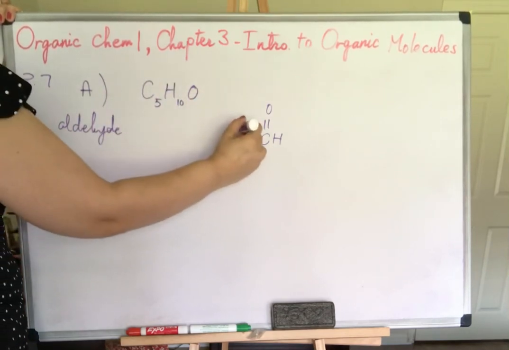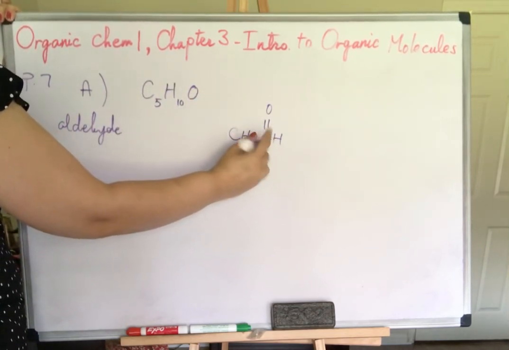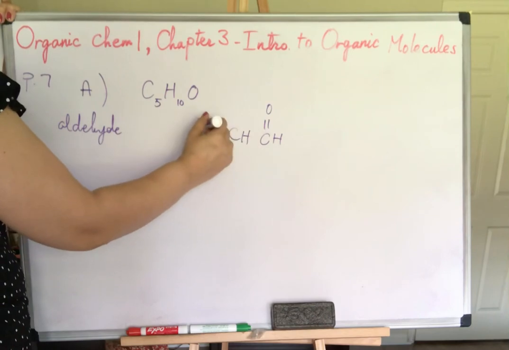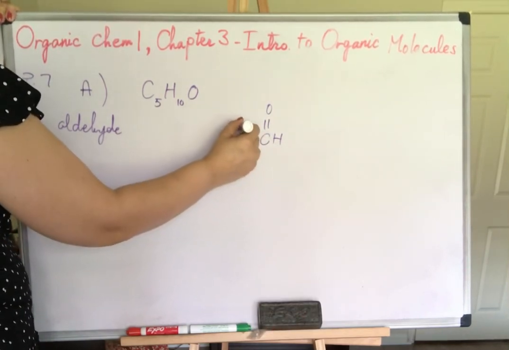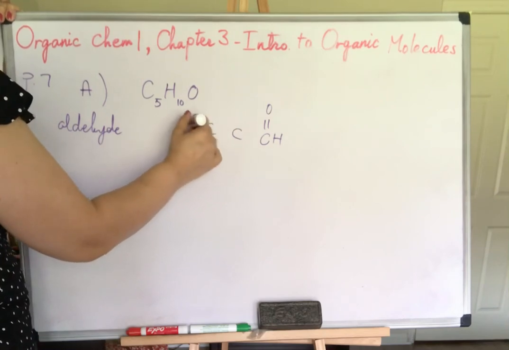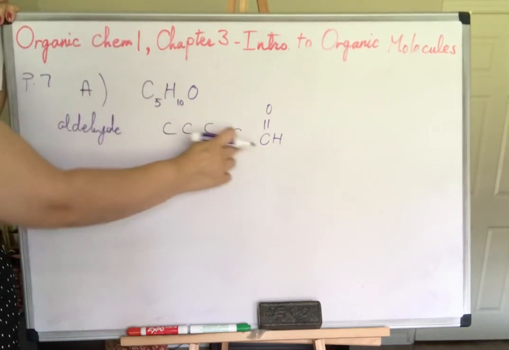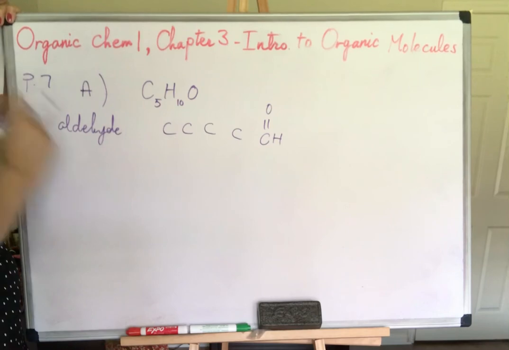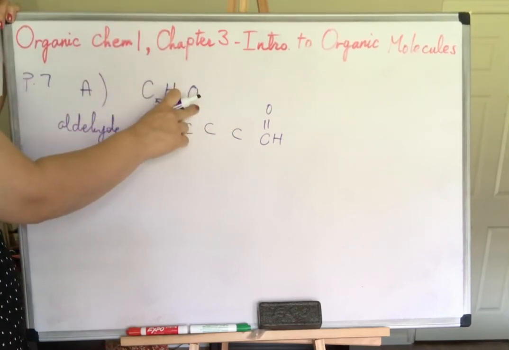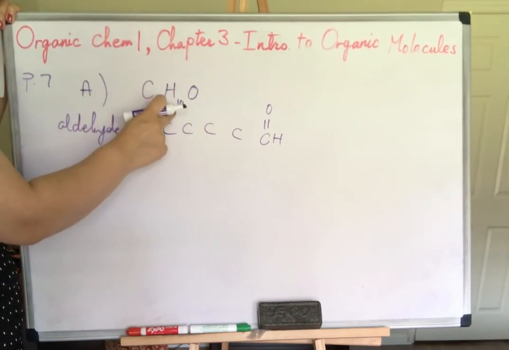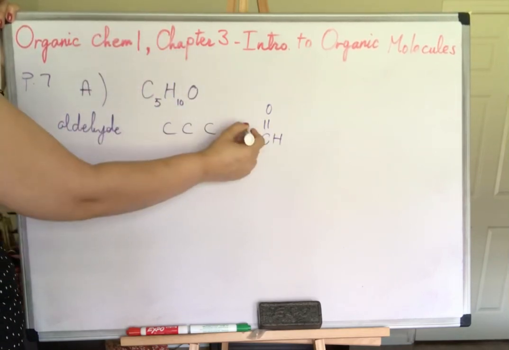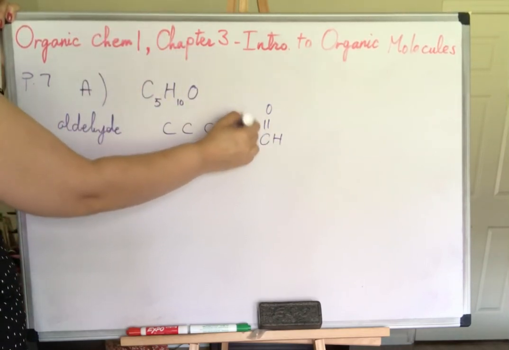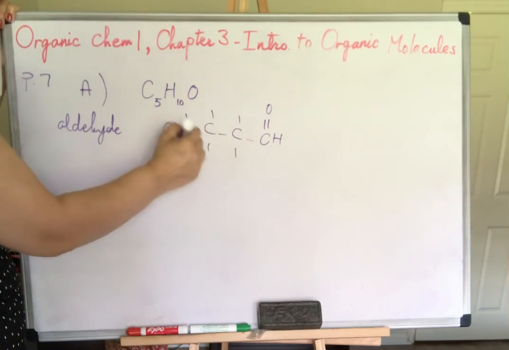So let's build the rest of the molecule. We need how many more carbons? 4 more carbons. So let's put carbons first: 1, 2, 3, 4. So total of 1, 2, 3, 4, 5. We have spent our oxygen. We need how many more hydrogens? 10 minus 1, 9 more. And we are supposed to complete the octet on each carbon.